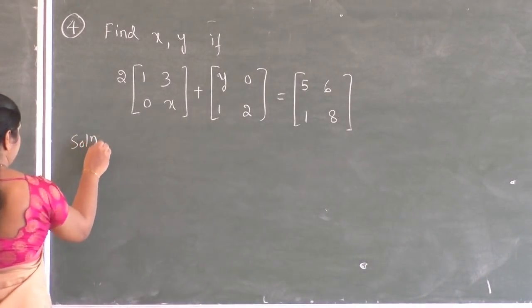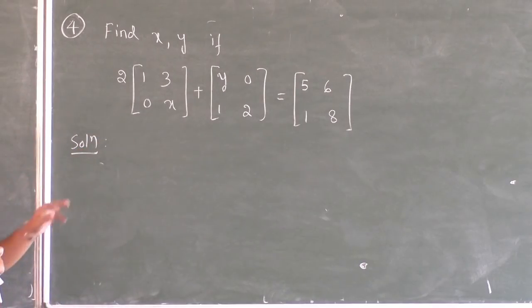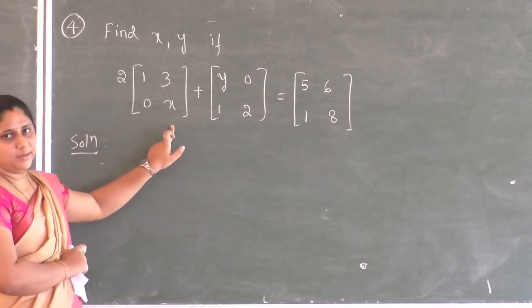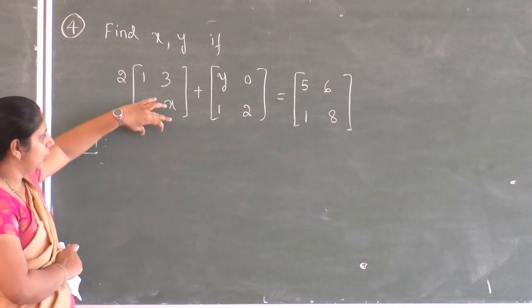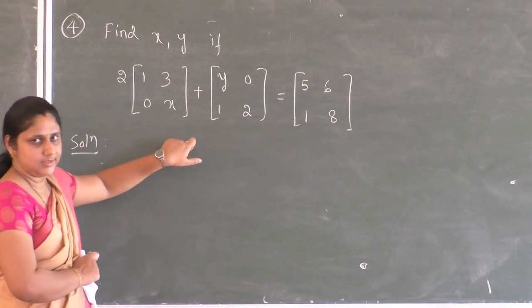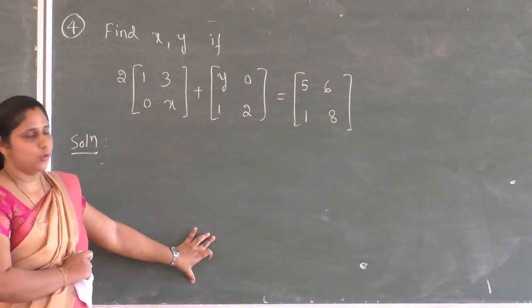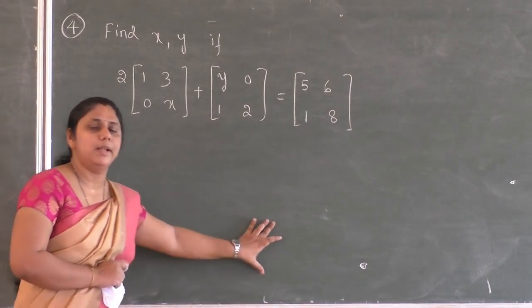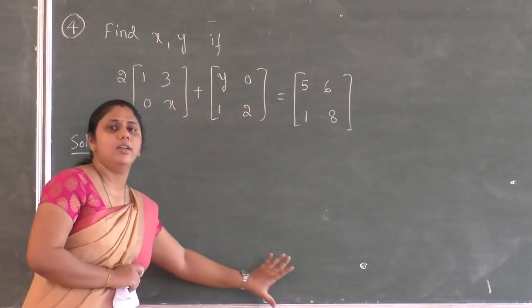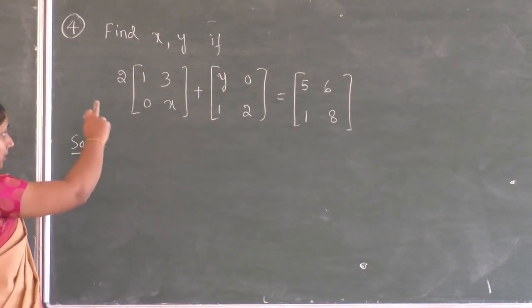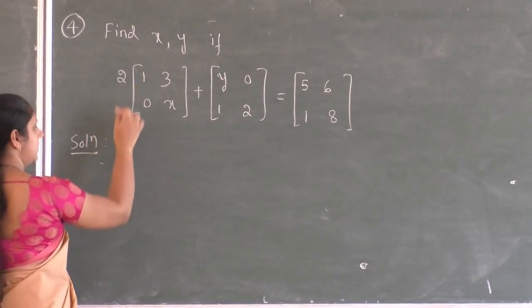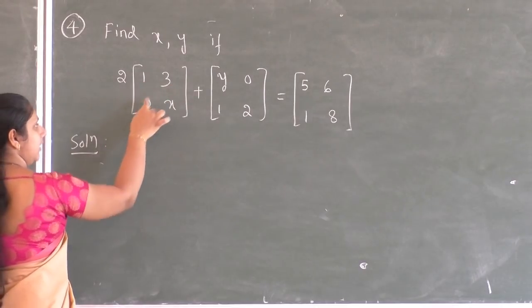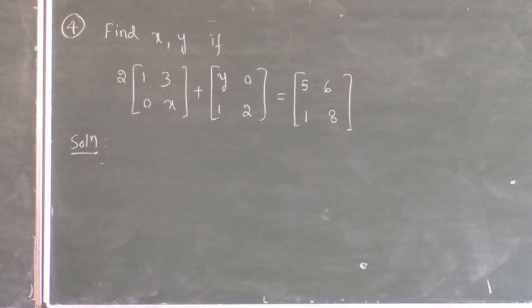So solution. First you have to simplify the scalar multiplication. Then you have to add these two matrices. Then it becomes a single 2 cross 2 matrix. Once you get a single matrix, then you have to apply the condition of equality of two matrices. So first you have to multiply 2 to each and every element of the given matrix.